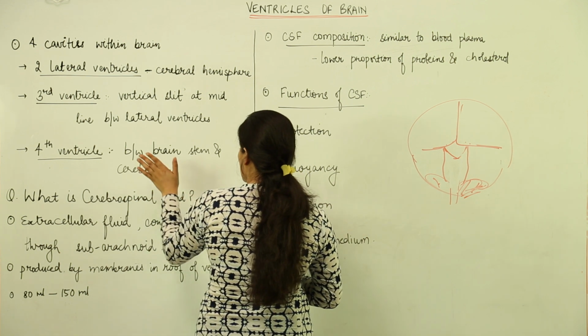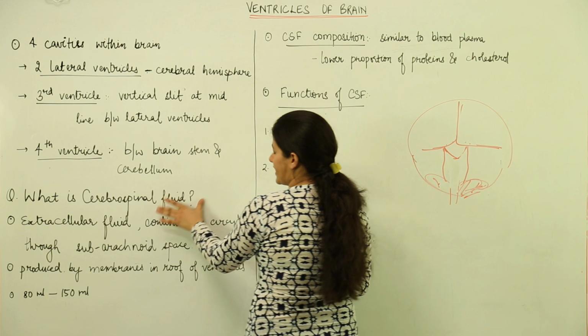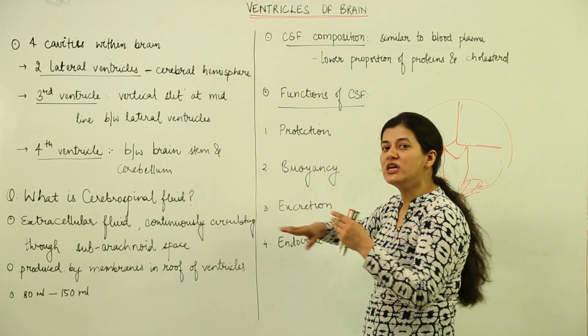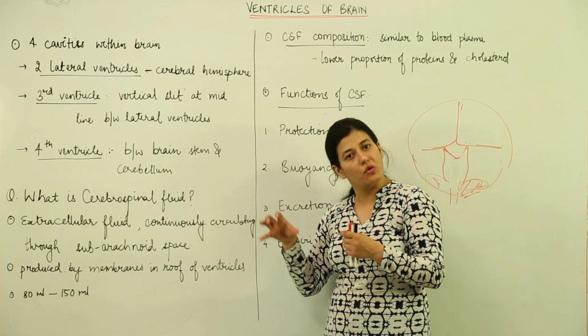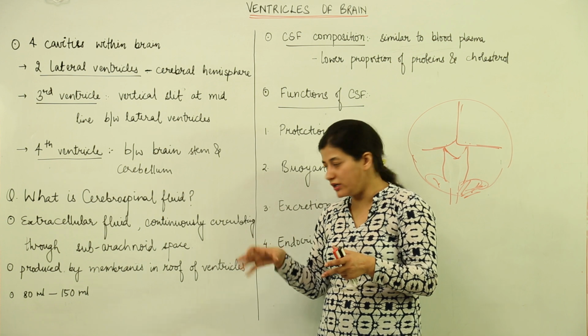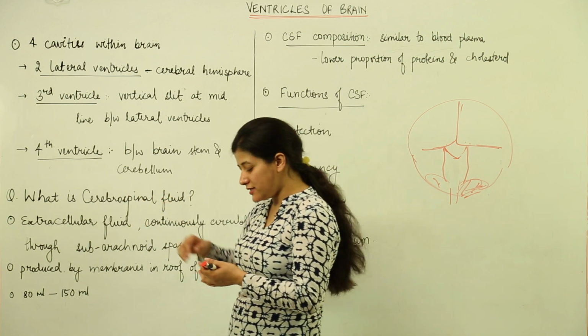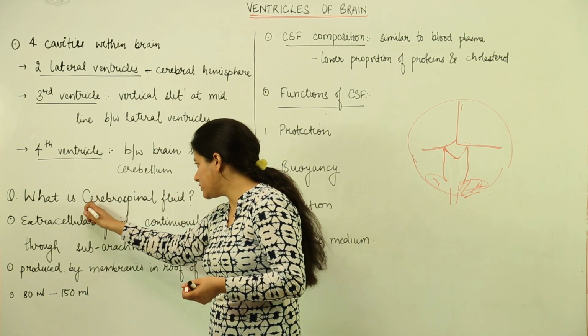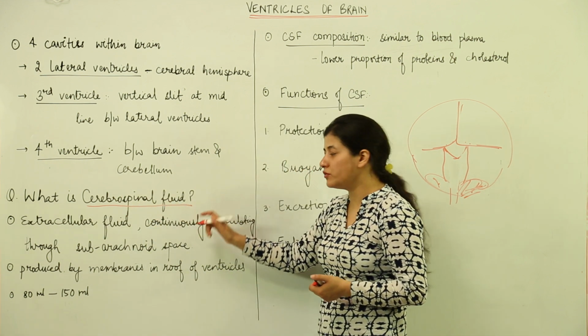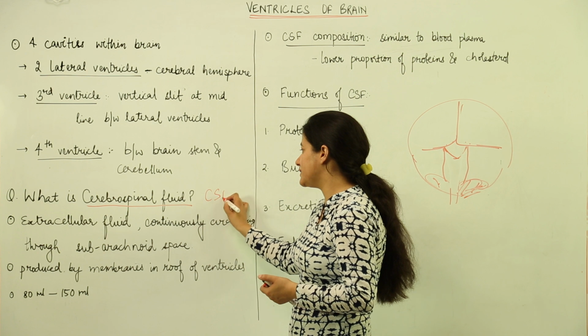Now, talking about the cerebrospinal fluid, that is an important topic, even more important than the ventricles themselves, but we study cerebrospinal fluid along with ventricles because it is secreted abundantly by the ventricular membranes. Now, what is CSF? I am going to use this term for further references, cerebrospinal fluid, or in short CSF.